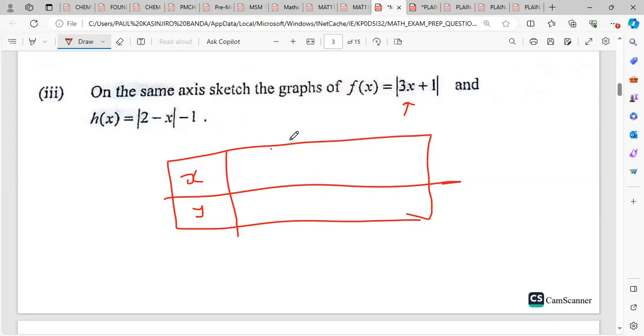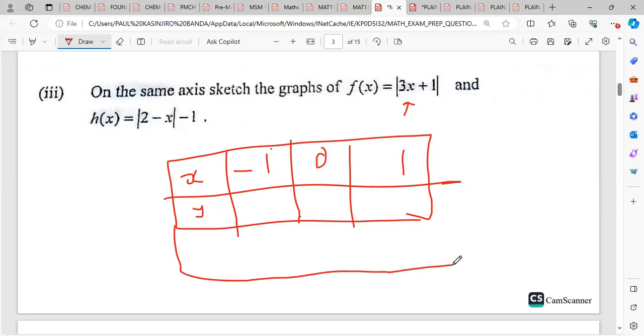Even 3 are enough for a linear equation. It's not hard to graph. So you can just say I have minus 1, I have 0, and I have 1. Input these x values into the equation and see what it will give us.